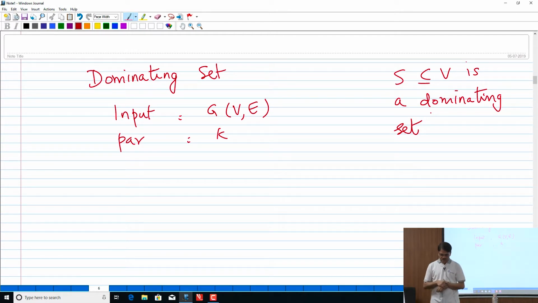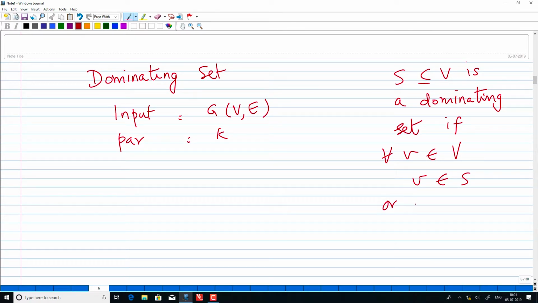Exactly. So, in a sense, vertex cover is covering edges, dominating set is covering vertices. A set is a dominating set if for every v in V, v is in S, or there exists a u adjacent to v such that u is in S. So, a set is a dominating set if you take its closed neighborhood, it is the entire vertex set.